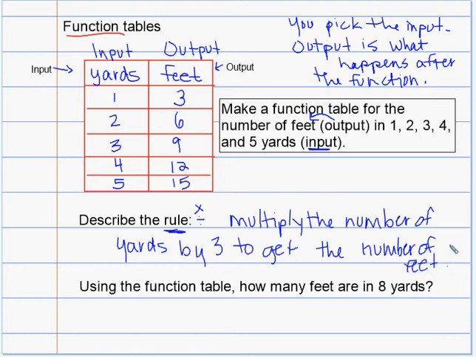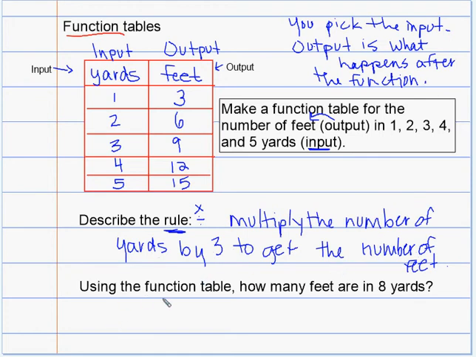This is important because this tells me what we're doing in the function table. The number of yards would be our input. We multiply that by 3, and then the number of feet is our output. You need to have all of that when you're describing a rule.